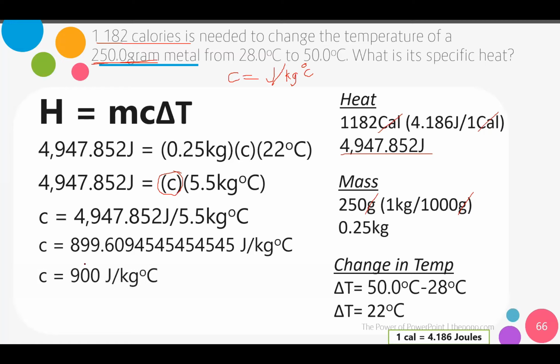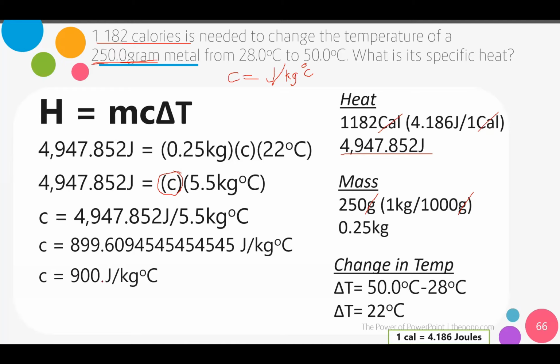And that is, so since 900 is only one significant figure and 899.6 is 4 significant figure, so ang gawin natin, i-round natin ang ating 900, convert natin si 900 to scientific notation para magiging 3 significant figure siya.